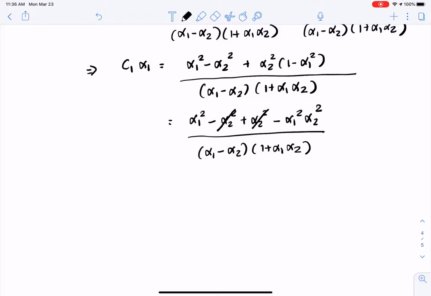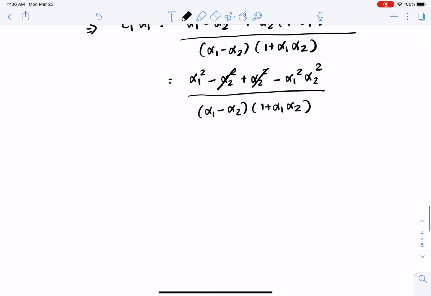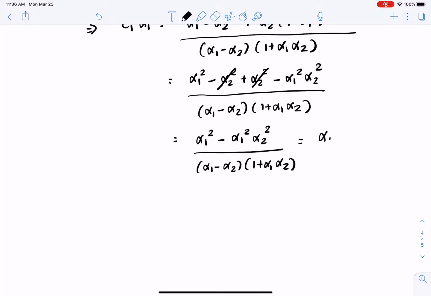The alpha 2 squareds will go away, and we will have alpha 1 squared minus alpha 1 squared times alpha 2 squared over (alpha 1 minus alpha 2) times (1 plus alpha 1 alpha 2), which would equal alpha 1 squared times (1 minus alpha 2 squared) divided by (alpha 1 minus alpha 2) times (1 plus alpha 1 alpha 2).